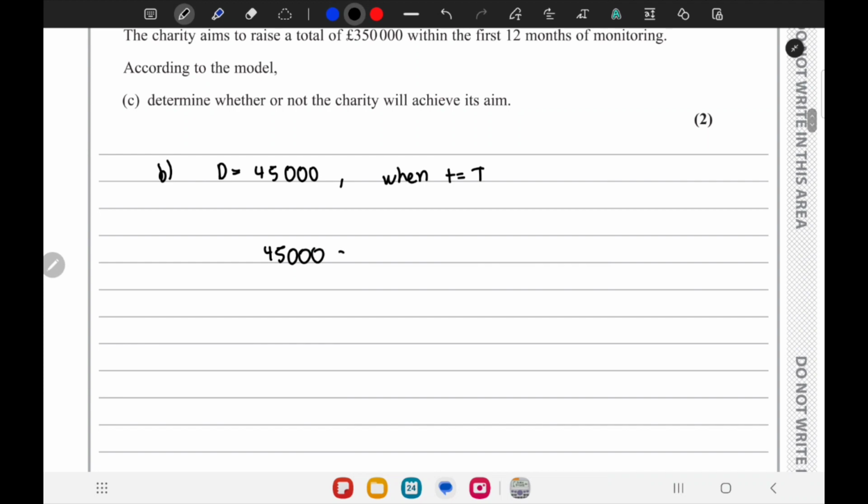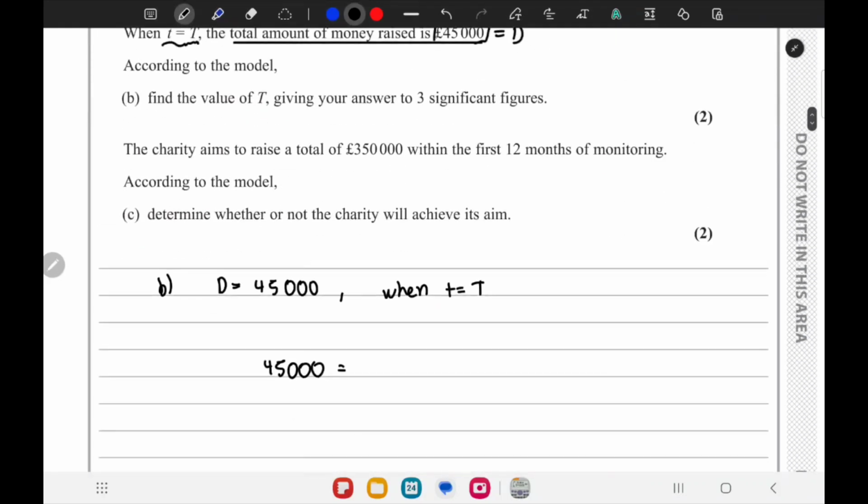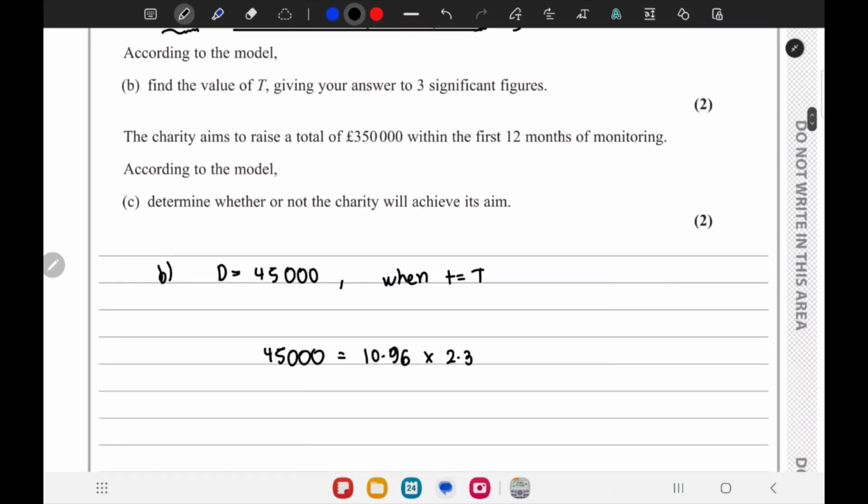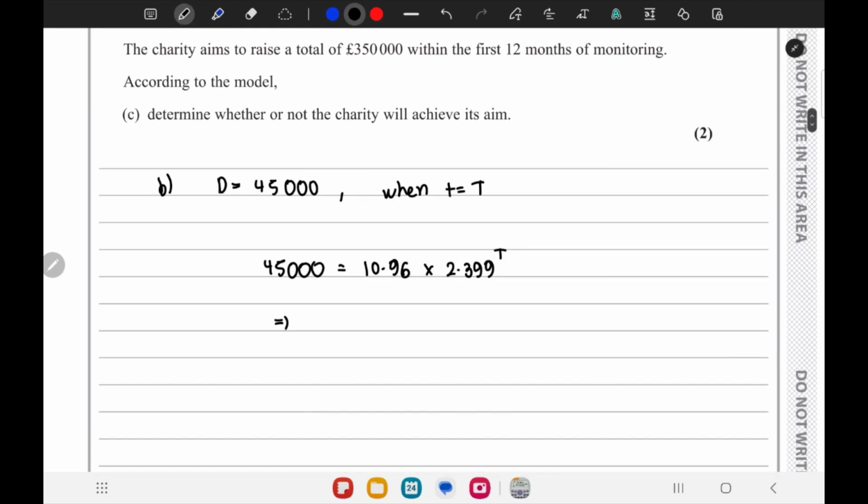45,000 equals 10.96 times 2.399 to the power t. Now 2.399 to the power t will be 45,000 divided by 10.96.